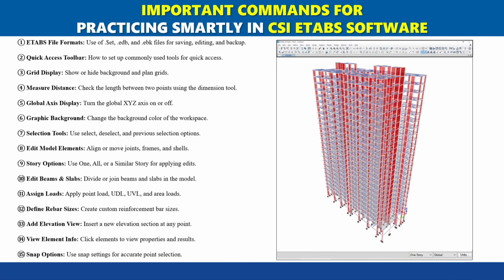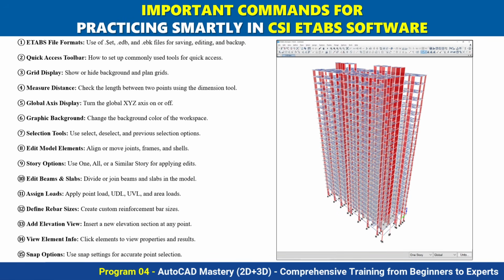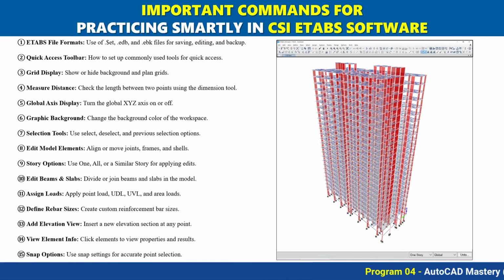In a very detailed way we are going to learn about the software: its versions, the file formats, what the $et, edb, and ebk file formats mean and their importance, the quick access bar, set display option, snap option, how to do selection and deselection, how to do corrections for modeling, editing commands, how to assign loads, and how to define the section property, diaphragm property, and load combination properties. We will also cover how to add additional elevations.